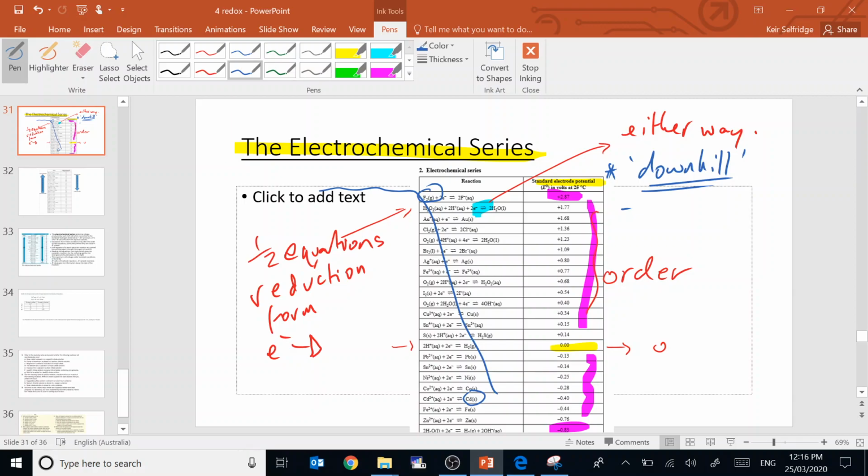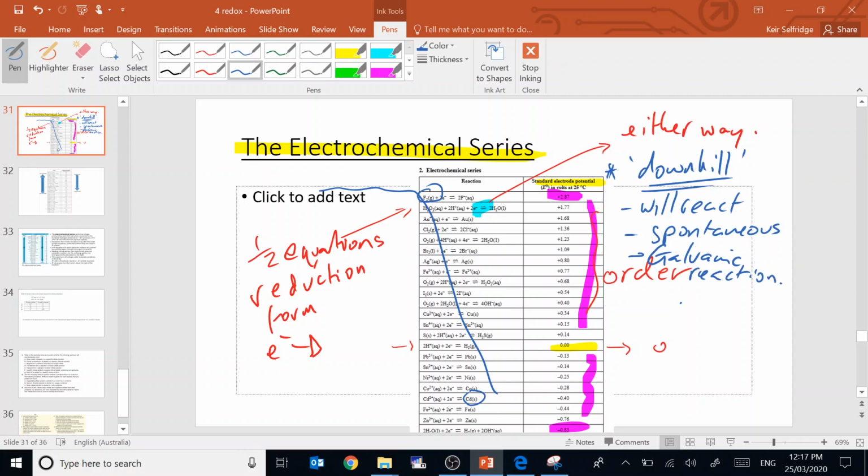That means that this will react. If it goes downhill, it will react. It'll be spontaneous. And the fancy word we'll use, particularly for later on when we do galvanic cells, is we would call this a galvanic reaction.